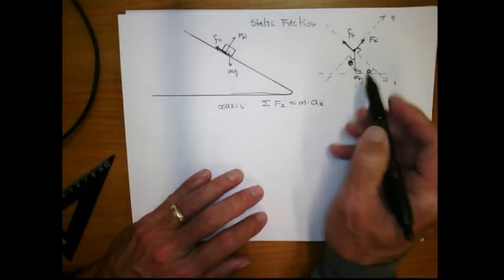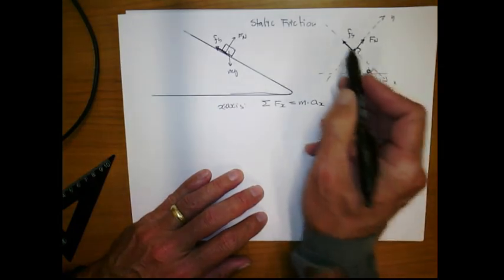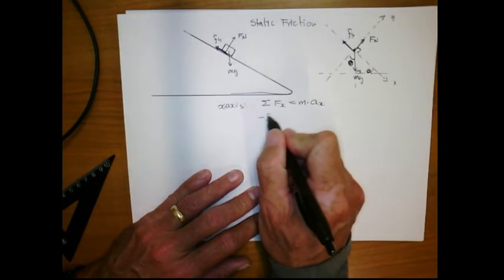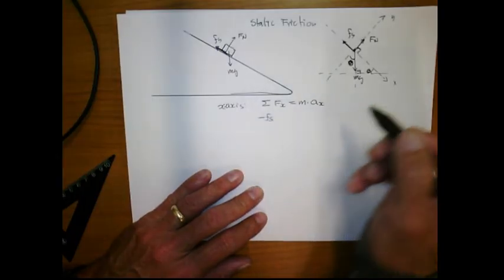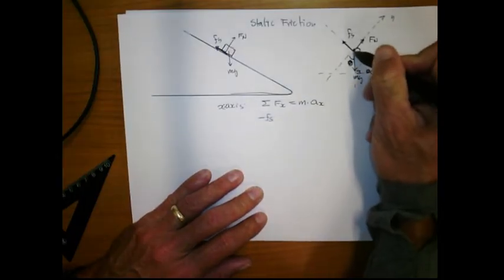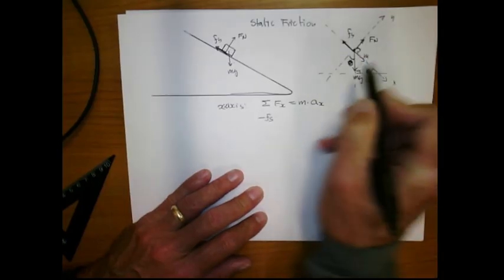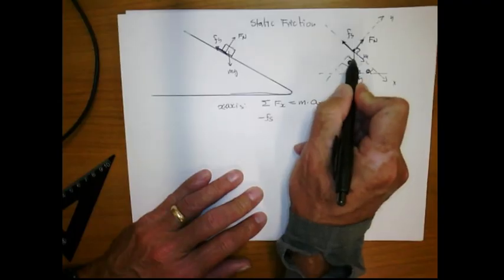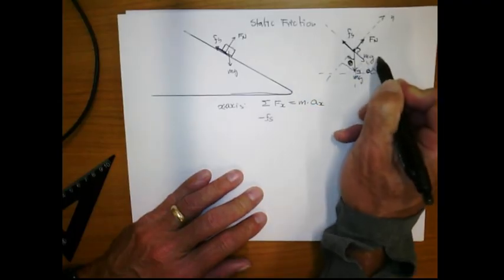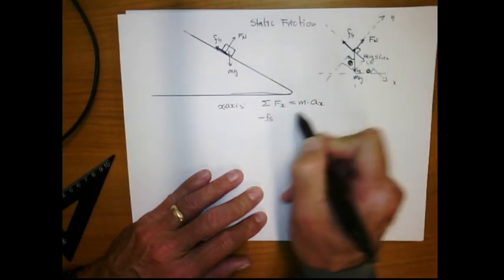Then what we got on the x-axis, we got negative static friction, and positive, we got this component here, that is opposite to the angle, so it's mg sine of the angle.